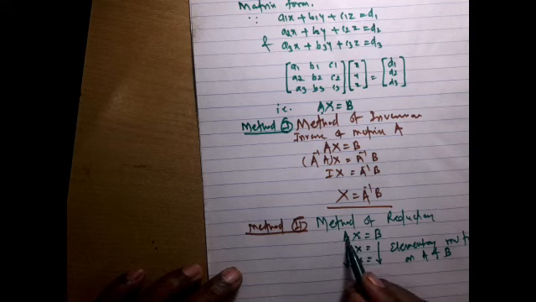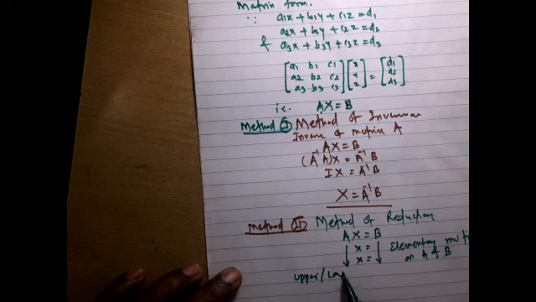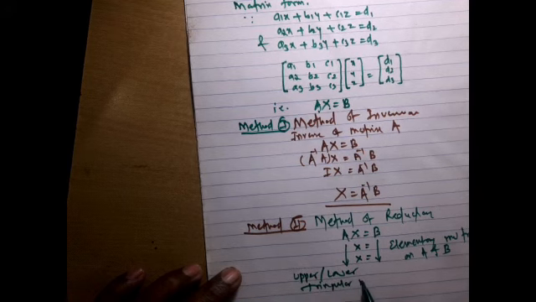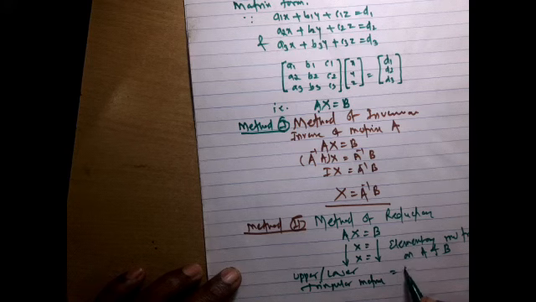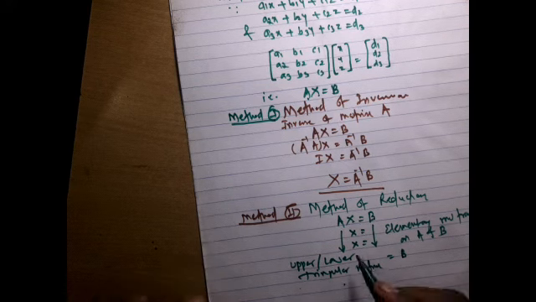And after elementary row transformation, convert A into upper or lower triangular matrix. There will be a change in matrix B, and again expand, and after expansion you will get the values of the variables.